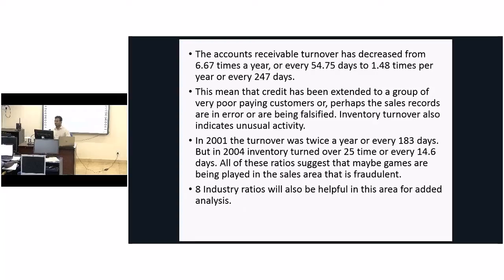Also, I told this, account receivable turnover, it's going down. This means that the credit has been extended, maybe, right? It has been increased number of days wise. It may be the reason. Also, the turnover was twice in a year, 183 days.